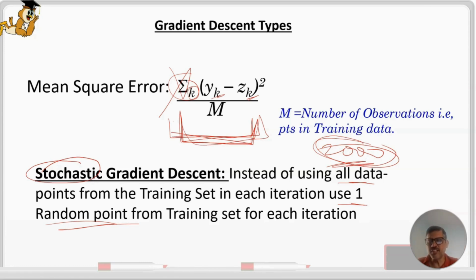In a hand-waving fashion, the philosophy behind stochastic gradient descent is that if your mean square error averaged over all your points points in a particular direction, then if you use a few random points in each iteration, over the course of those iterations you would probably be going in a similar direction.